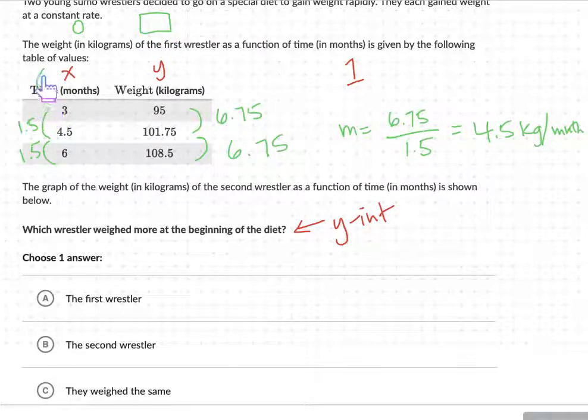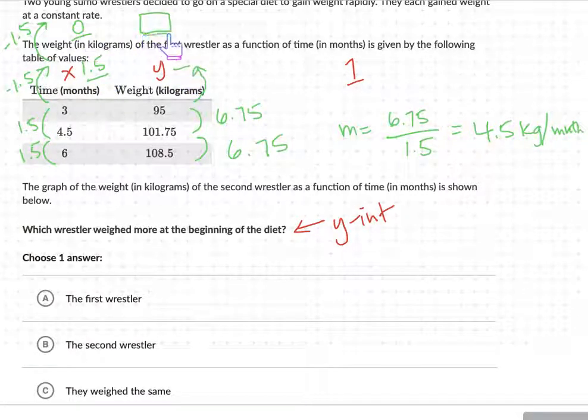So what I can do is I can go backwards. I would subtract 1.5 from 3 because that's the pattern. So I would get 1.5 again. And then look at that, I'm going to subtract 1.5 again to get to 0. So that's perfect. Here I would do the same thing. I jumped twice, so here I'm also going to jump twice. I'm going to subtract 6.75 from 95 because that's how much it's changing each time.